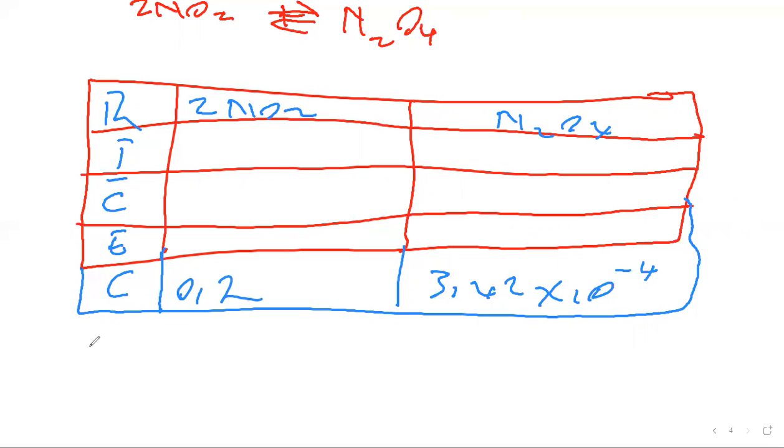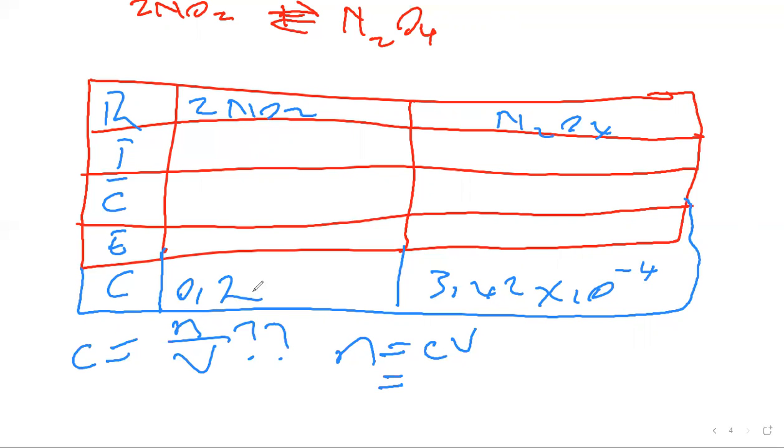Remember the formula C is equal to n over V. Now, what do we want? We want n. So n is equal to CV. And our C in this case is 0.2. What is our volume?